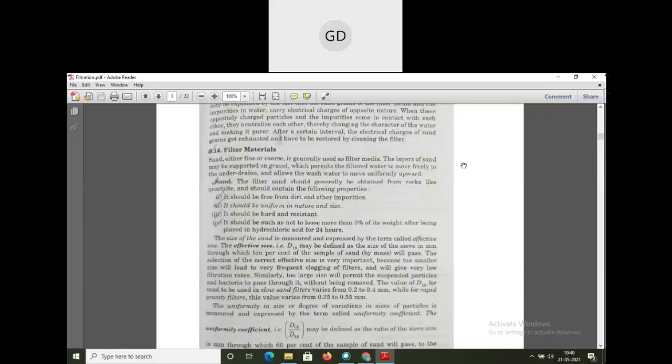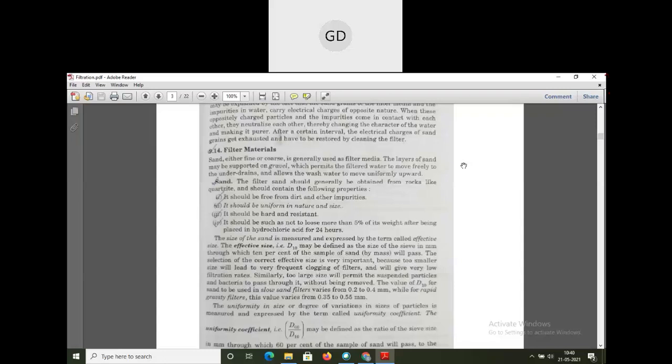This sand is actually obtained from rocks. The sand that is used in your filter media or filter materials is actually obtained from rocks, like quartzite. You have learned about all this in geology.